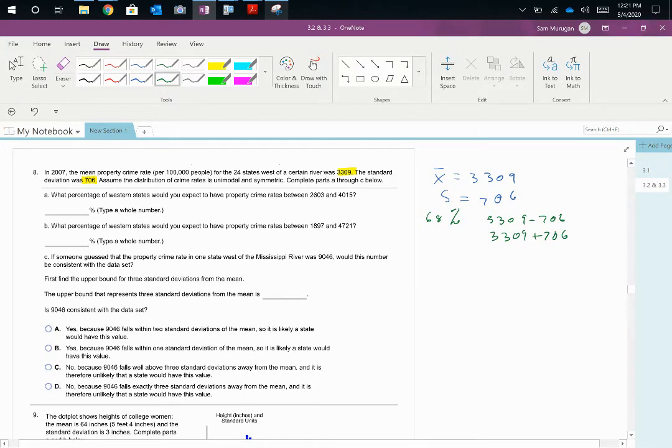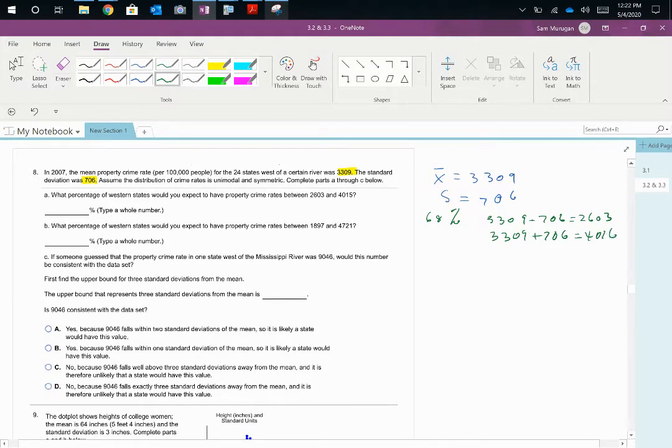If we put those in the calculator, 3309 minus 706 is equal to 2603, and plus 706 is 4015.